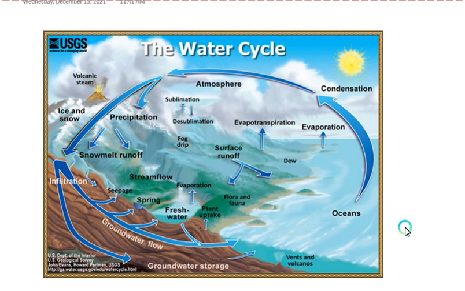There is also movement when we have formation and movement of clouds. There is also movement when we consider rain, snowfall, stream flow, and even the movement of groundwater as it moves to the oceans or rivers. So that is the dynamic part of the water cycle, and that is referring to movement.